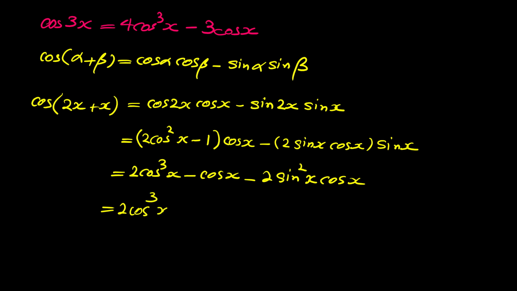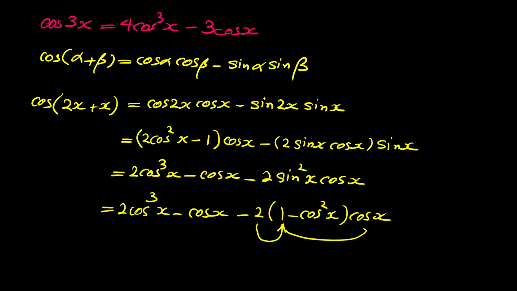2 cosine cubed x minus cosine x minus 2 times 1 minus cosine squared x times cosine x. Now let's multiply the 2 in the bracket, and at the same time multiply cosine x in the bracket. So basically we multiply 2 cosine x in the bracket.